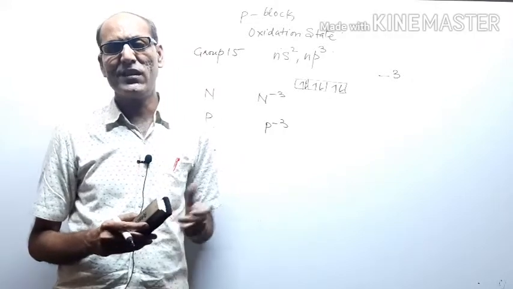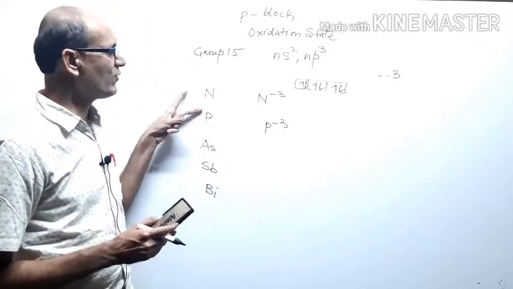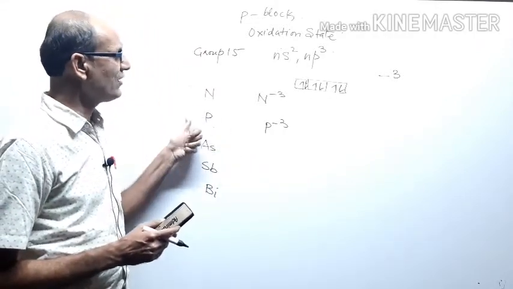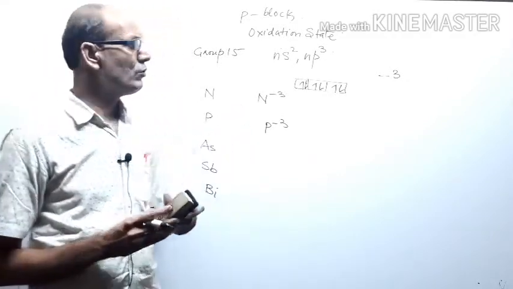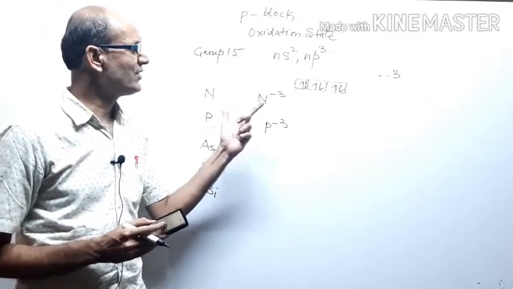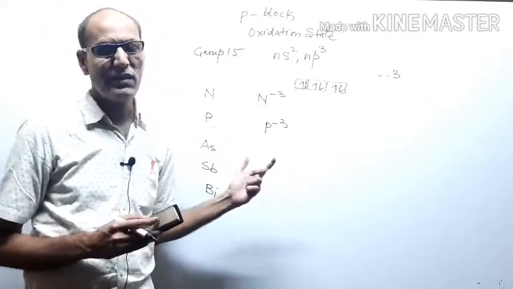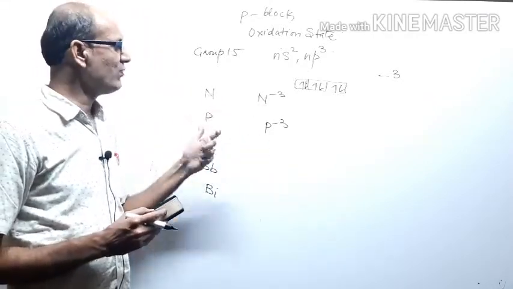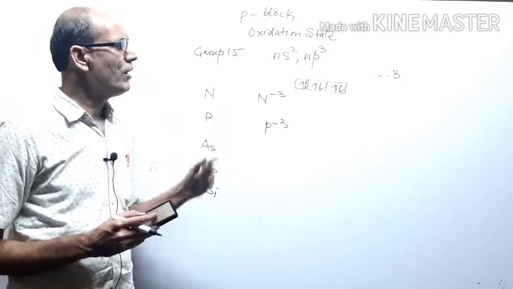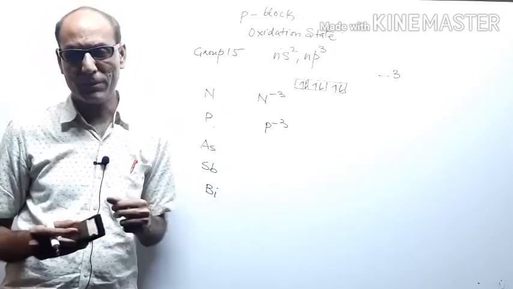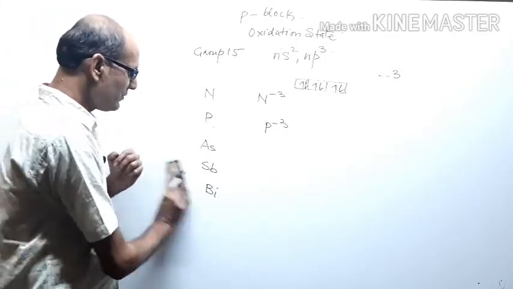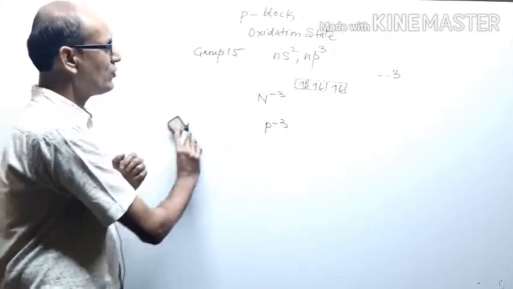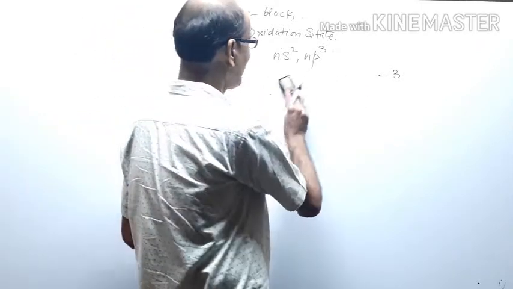That means by the gaining of electrons, only 2 elements of group 15, nitrogen and phosphorus, can form the triple negative ion. So this is the explanation on the basis of the transfer of electrons. Nitrogen and phosphorus can easily show the -3 oxidation state. Now the second case: the formation of covalent bonds, or the sharing of electrons.